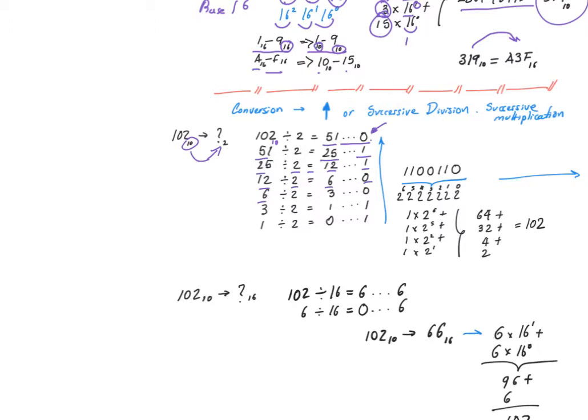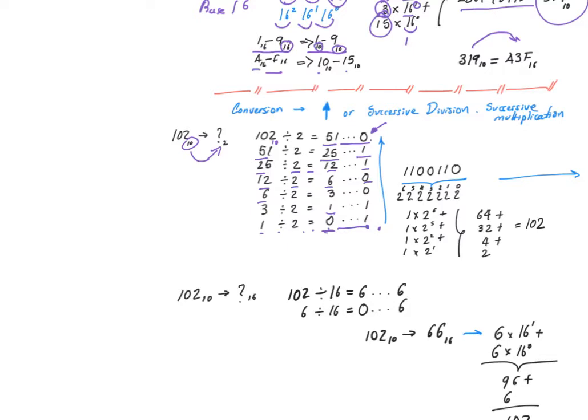So I get this sequence of numbers, right? So to write the binary number, I take from the bottom where I got this, right? Here 1 divided by 2 is equal to 0, and remainder 1, right? That's where I stop.